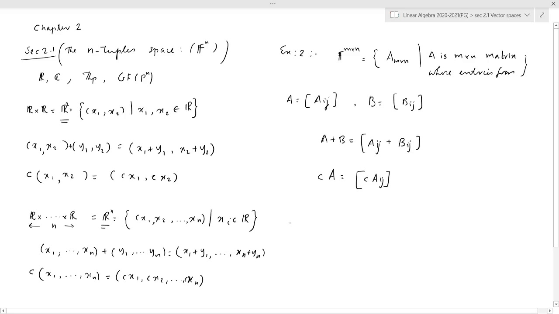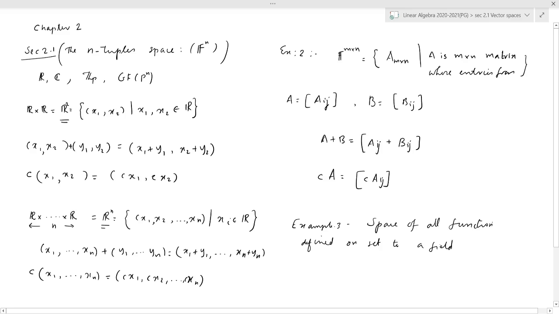Another example, example 3, this is very important. This is the space of all functions, that is a vector space. The space of all functions defined on a set to a field.